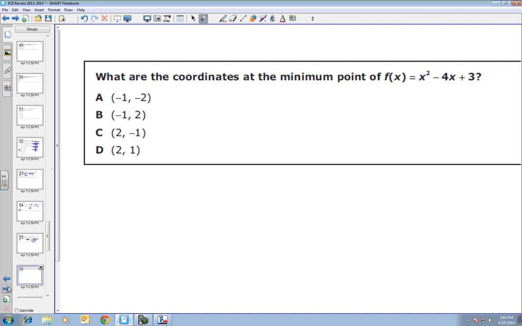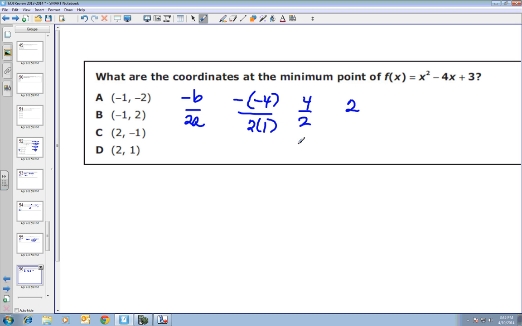What are the coordinates at the minimum point of x squared minus 4x plus 3? Okay, so I need to find the vertex of this. We found the vertex before by negative b over 2a. So I could do it that way. b is negative 4, a is 1, so I have 4 over 2.